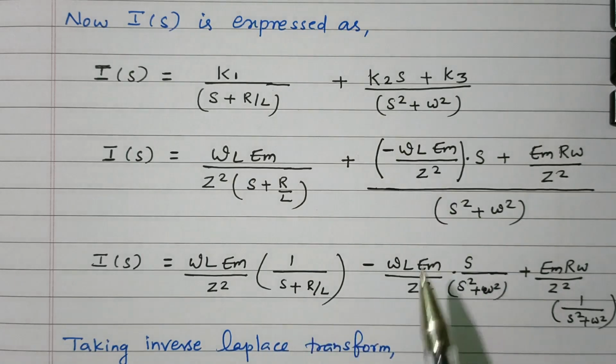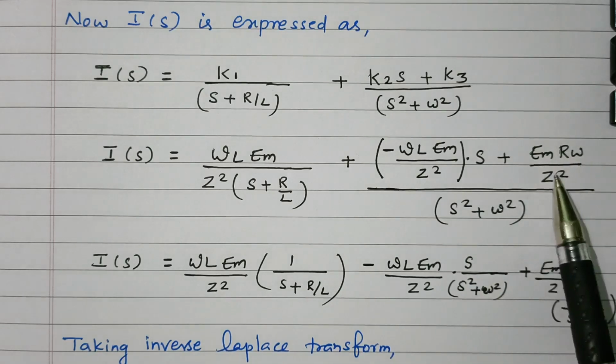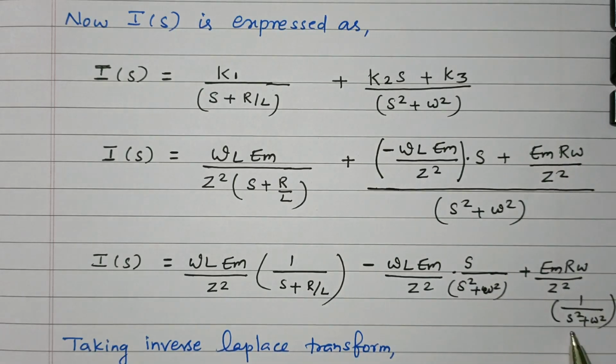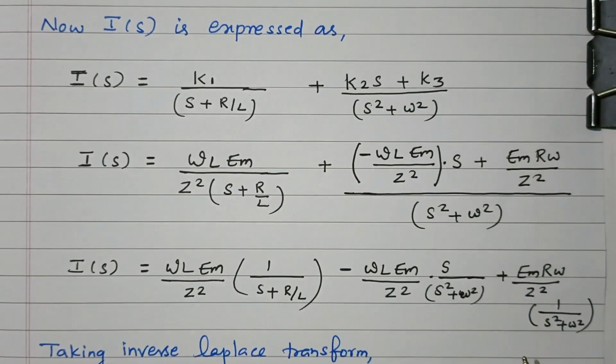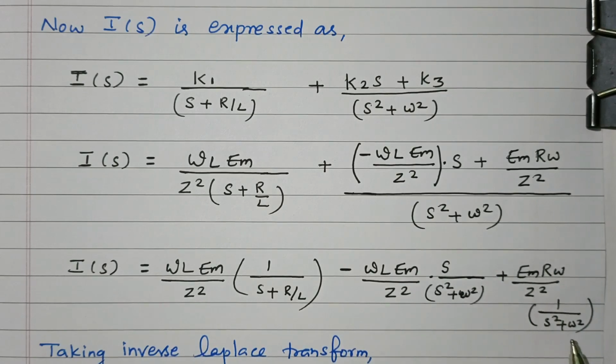Similarly here we can split this: minus omega L Em by z square, here s is available, s divided by s square plus omega square, plus Em r omega by z square into 1 divided by s square plus omega square. Now it is brought into the standard form. These are all constant: 1 divided by s plus r by L, s divided by s square plus omega square, and 1 divided by s square plus omega square. Now we can easily take the inverse Laplace transform.